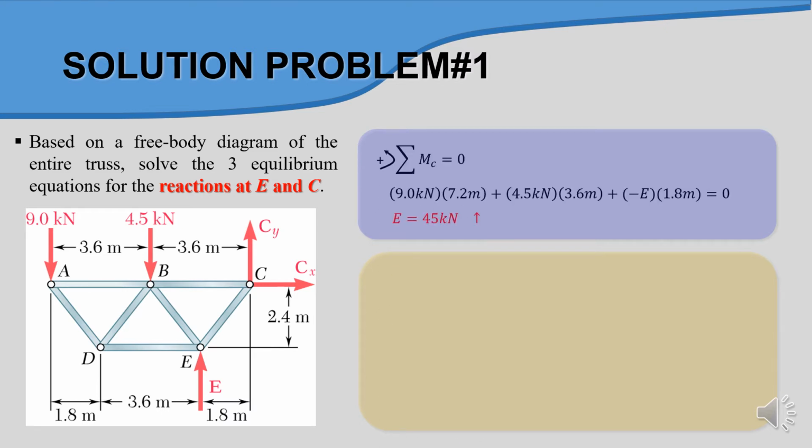The first thing we need to do is use the moment at point C to get the value of the reaction at point E, which we call Ey. From this equation, we need to consider only 3 forces acting about point C: 4.5 kilonewton, 9.0 kilonewton, and the reaction force Ey.